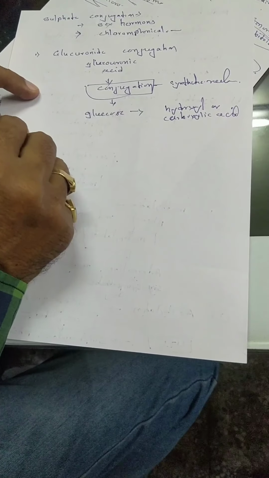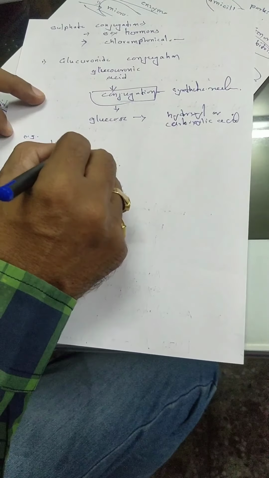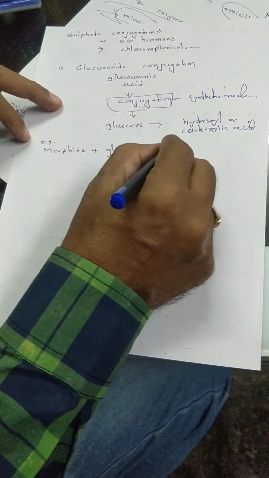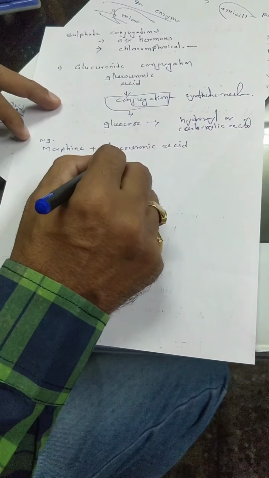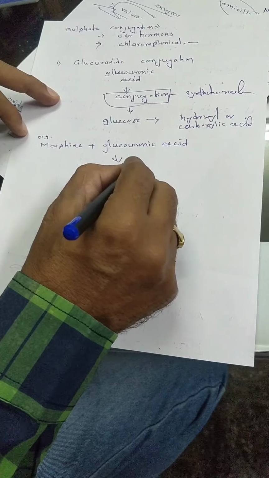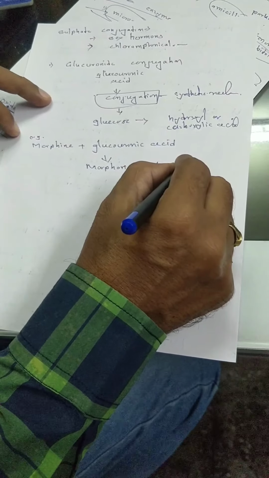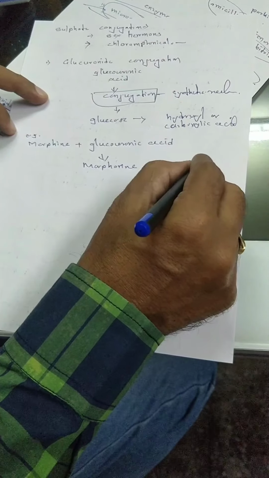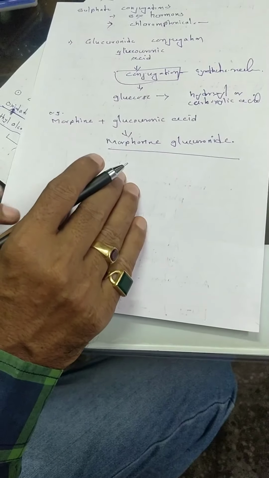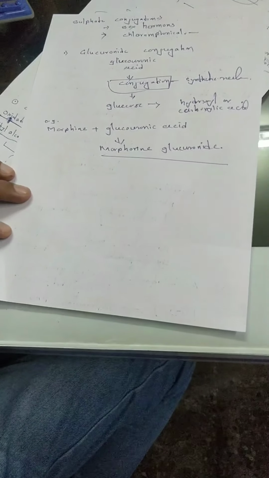Example for the conjugation: morphine combined with glucuronic acid finally gives morphine glucuronide. These are the examples of synthetic reactions.